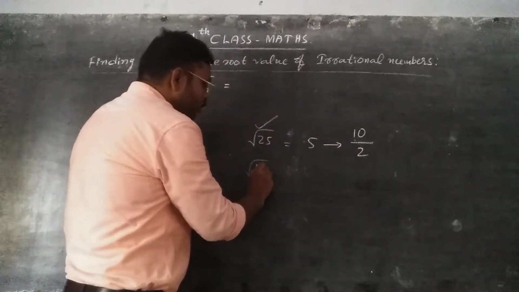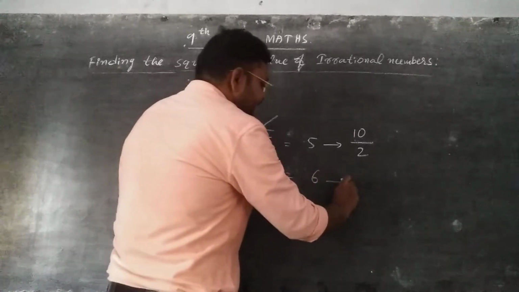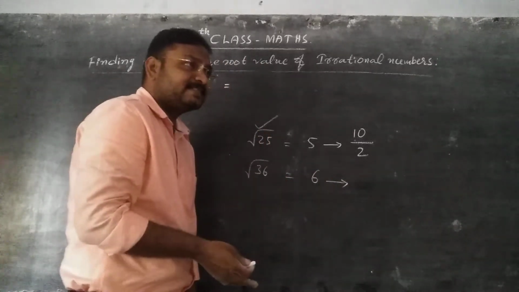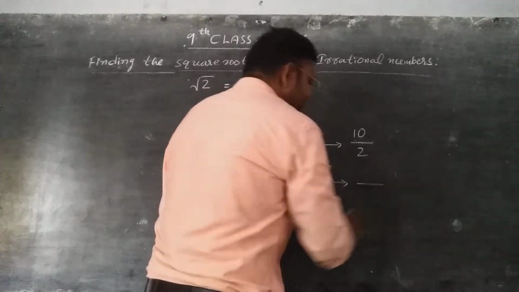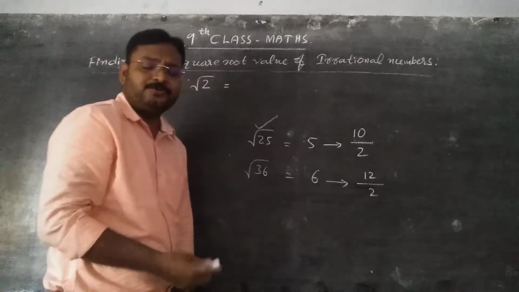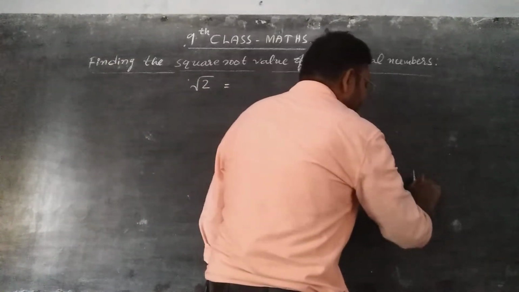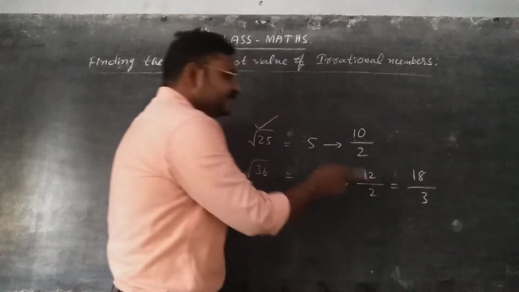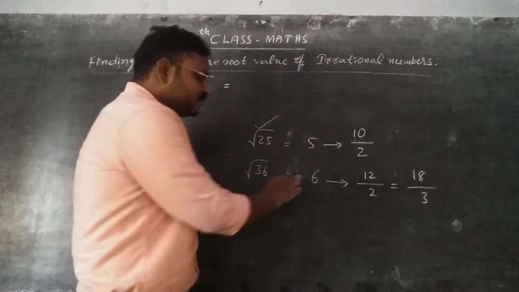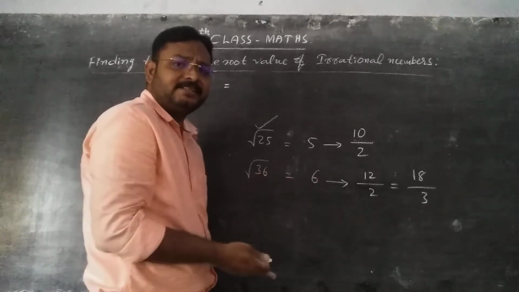For example, root of 36, its square root value is 6. 6 can be written as 12 by 2, since 2 sixes are 12. Otherwise we can take 18 by 3, since 3 sixes are 18. So 6 can be written as 12 by 2 or 18 by 3.